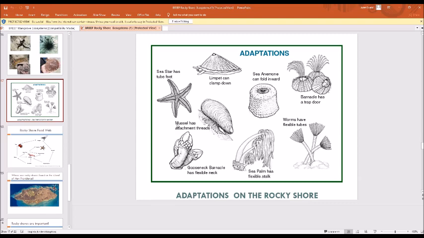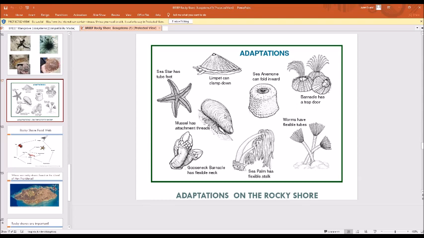A lot of them have a hard shell-like exoskeleton. Some of these mollusks, like a barnacle, as well as this limpet right here and this mussel, obviously have shells, and that offers some kind of advantage inside this ecosystem.